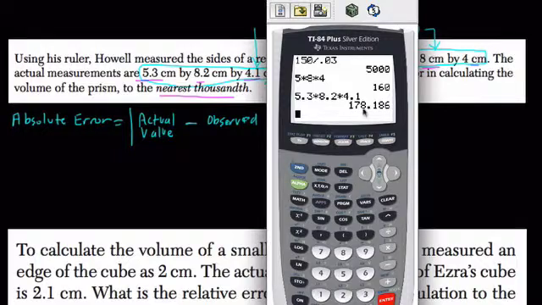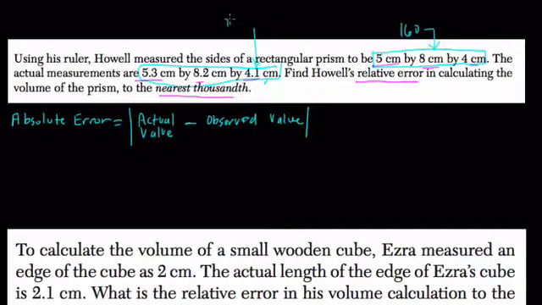And that's 178.186, and that's the actual value. That's what we should have gotten, but what we observed is right here. This is the observed value.